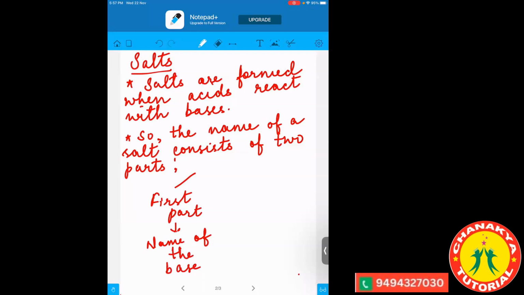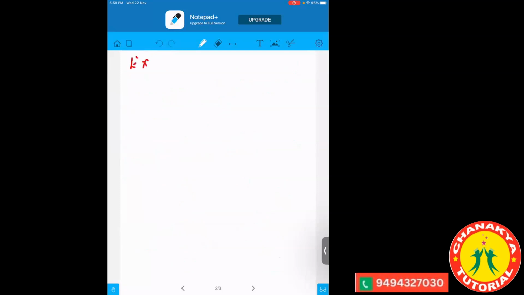So whatever the base was reacting in the reaction, that will be the name of it. Now coming to the second part, the second part of the salt will be derived from the name of the acid. So always the first part will be the base and the second part will be the acid. Now let us see the examples for it.